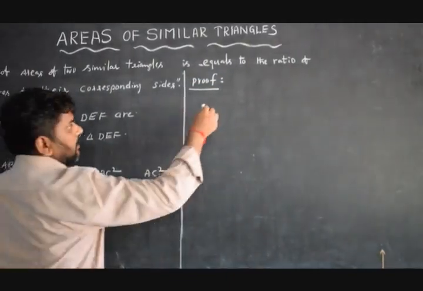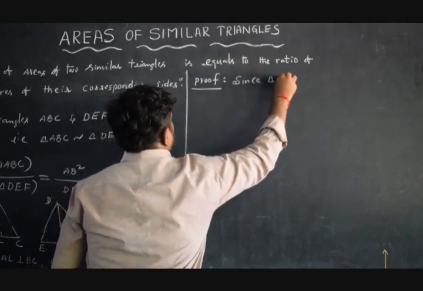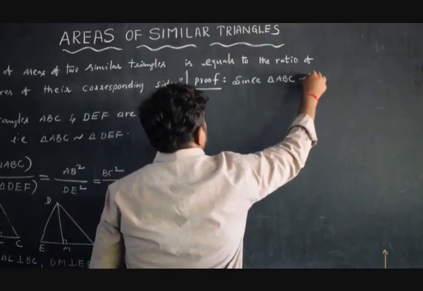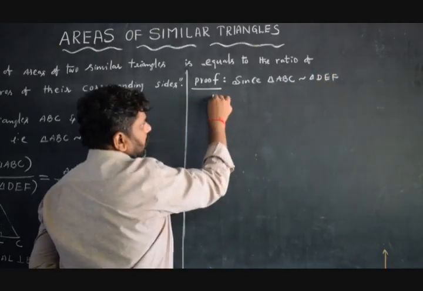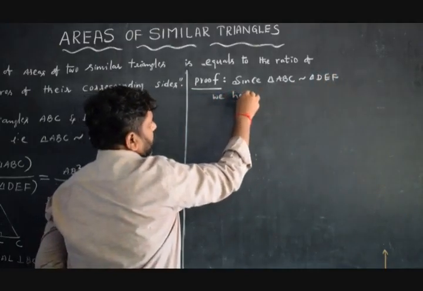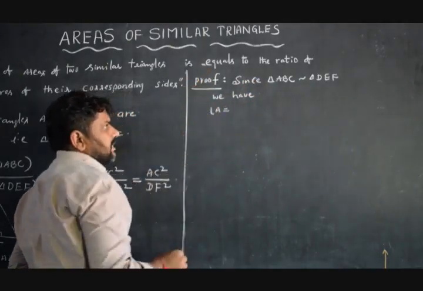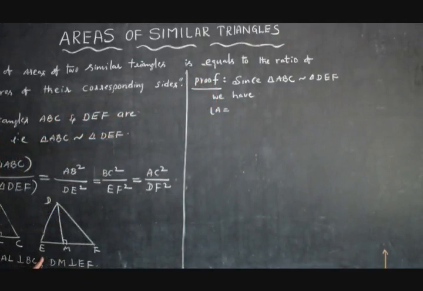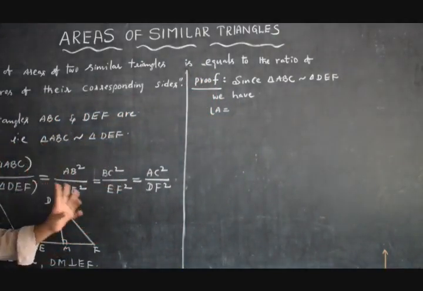Since triangle ABC is similar to triangle DEF, we have corresponding angles equal. If two triangles are similar, they are equiangular.